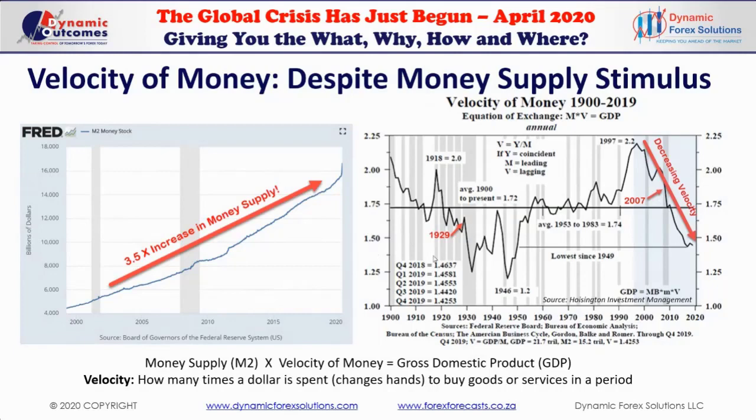Well, if you look at the bottom here, what we get is money supply, which is the amount of money, say, in cash and checking accounts, savings accounts, etc., multiplied by the velocity of money equals your GDP. And the velocity of money is how many times that $1 is spent or changes hands to buy goods or services within that period.